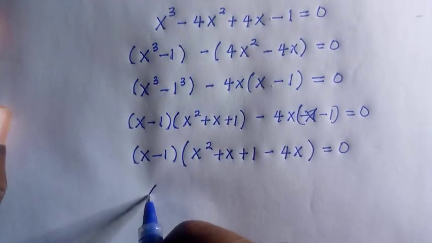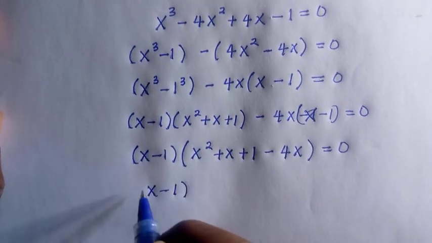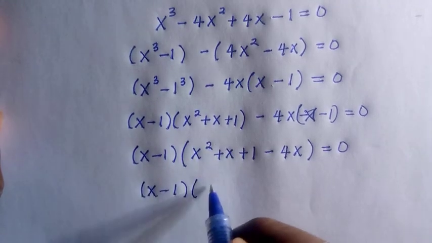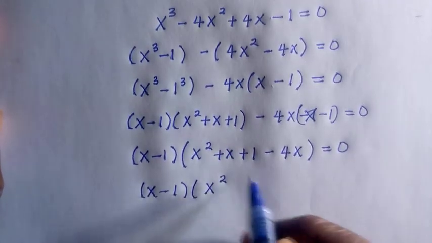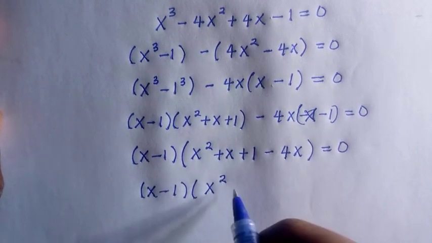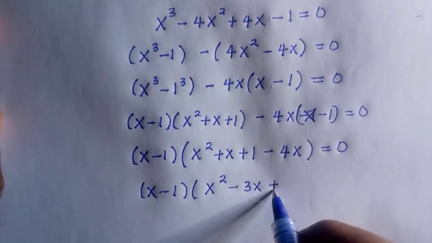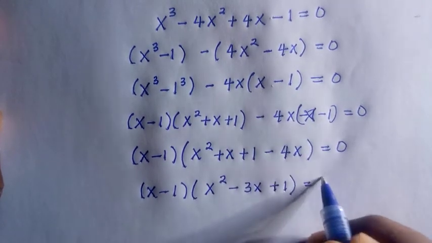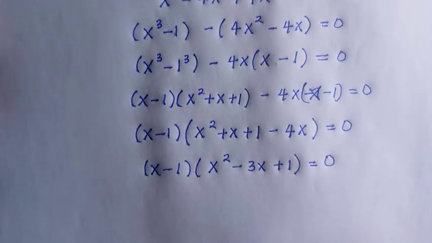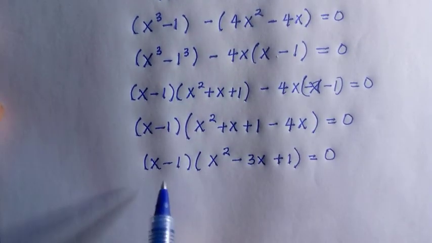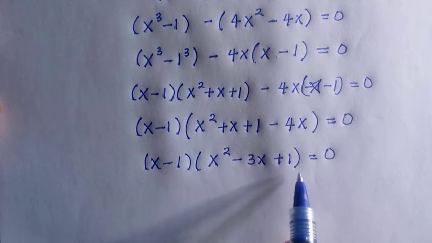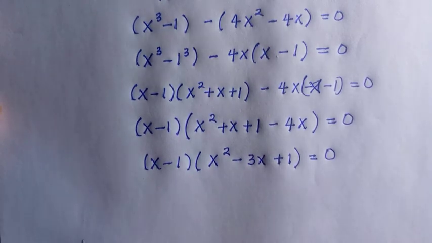So here becomes x squared plus x minus 4x, which gives minus 3x, then plus 1. So we have x minus 1 times (x squared minus 3x plus 1) equals 0.